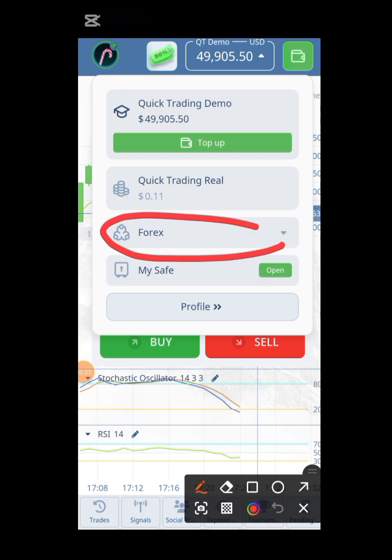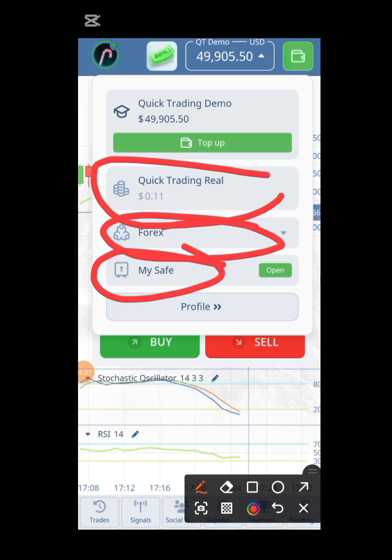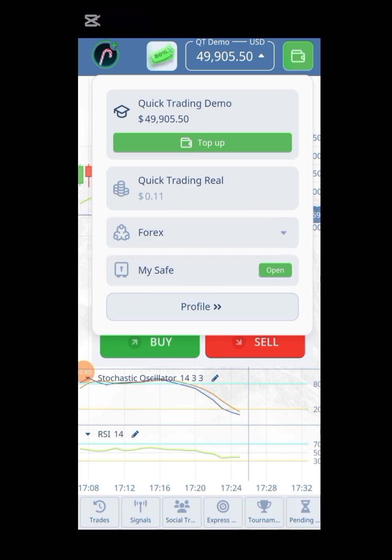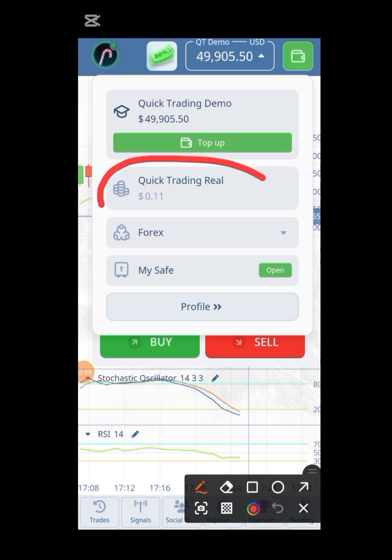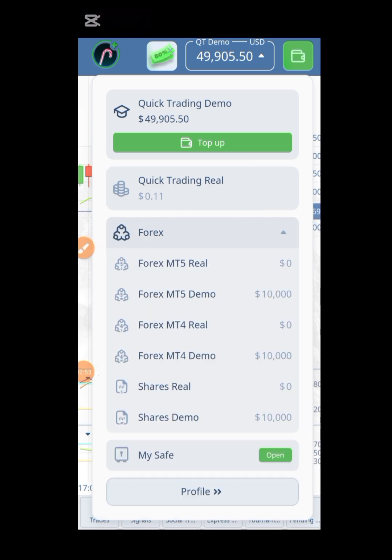Having clicked here, you click on forex. So you can see forex, you have my safe, and here you have real trading. I have a real trading account which I traded and I lost, and that was my remaining balance in the account. So you click on forex.